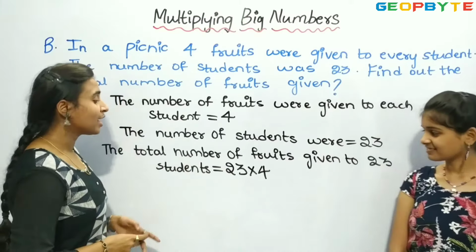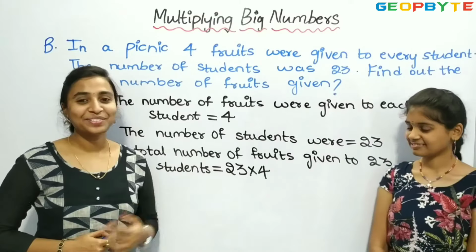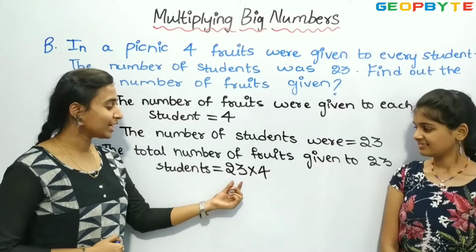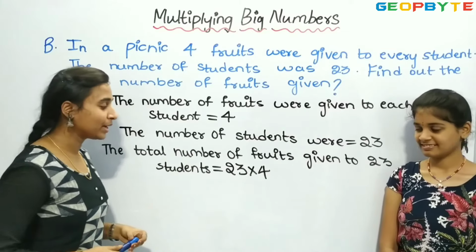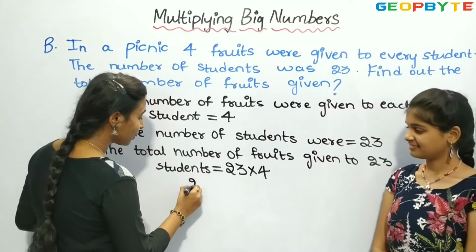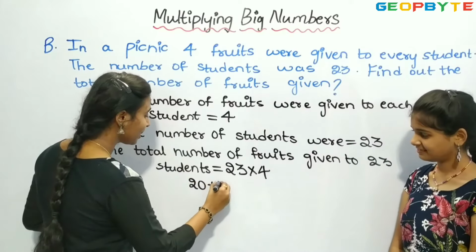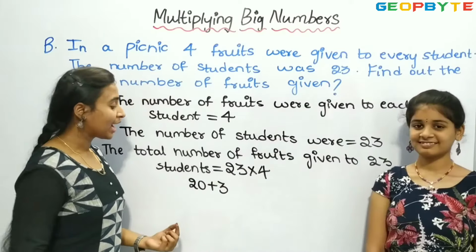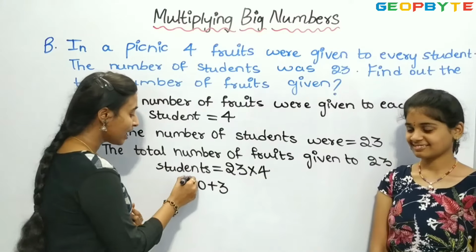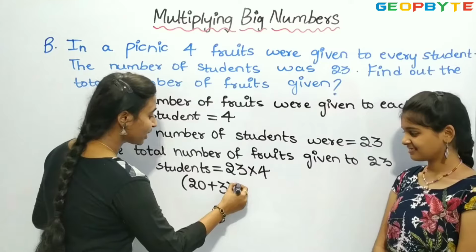So students, if you see 23 into 4, it is a little big number, right? 23 is a little big number. So we can split 23 as 20 plus 3. I have split 23 as 20 plus 3. Now into 4 is there.